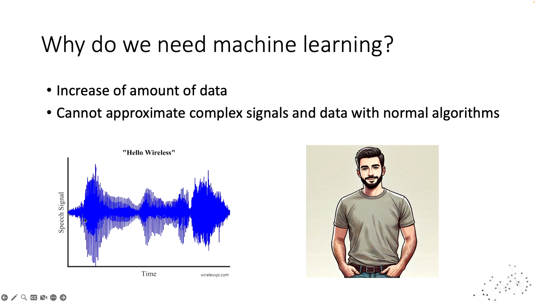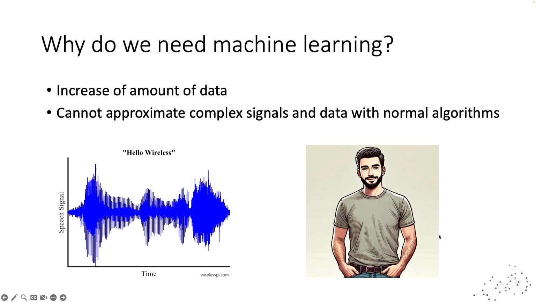At this point, machine learning algorithms can help you recognize and convert it, for example, by analyzing the shapes of the signals. When we say hello, women can say hello, kids can say hello, and the algorithm can recognize common patterns and convert them into text. Another example: here we want to recognize that this is a human.